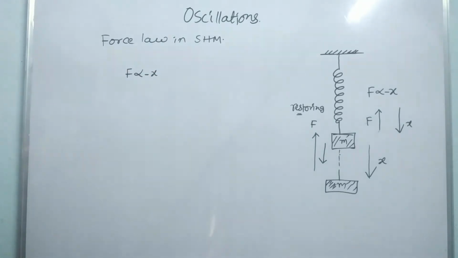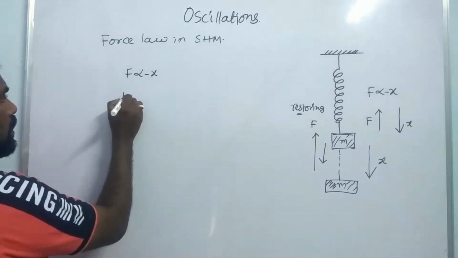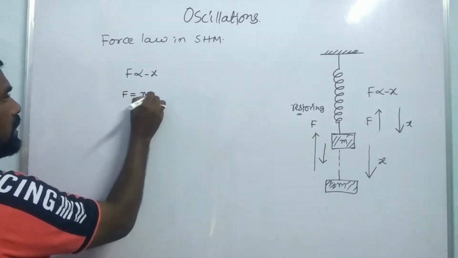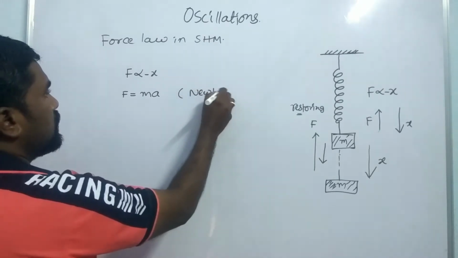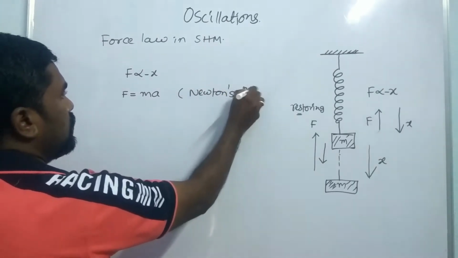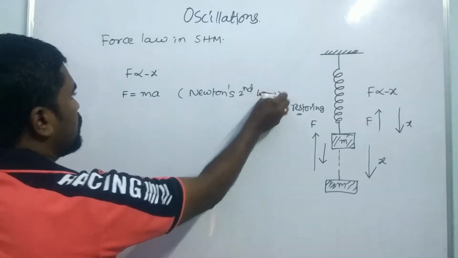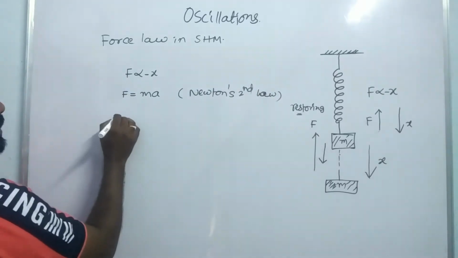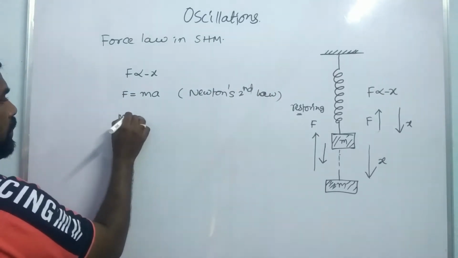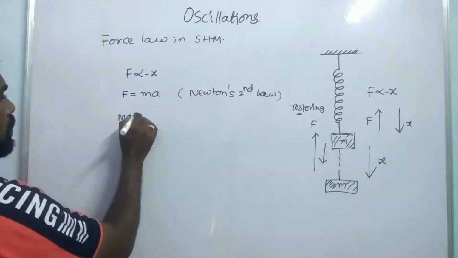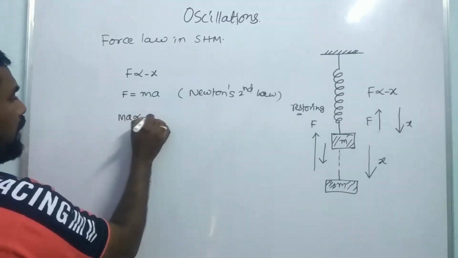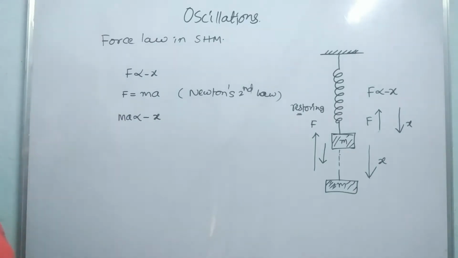Okay. So from Newton's second law, F is equal to ma. Right? So we can write that ma is directly proportional to minus x here.